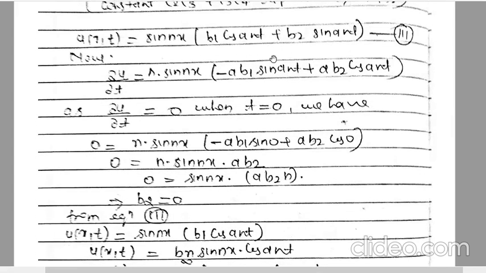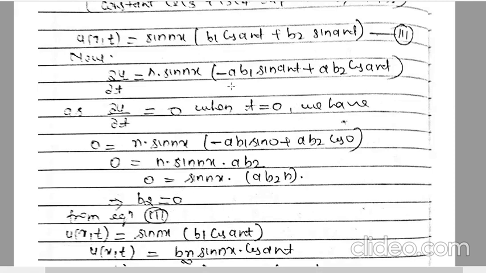So the solution will be trivial, which is not what we want, right? So the constant b2 must be equal to 0 here.